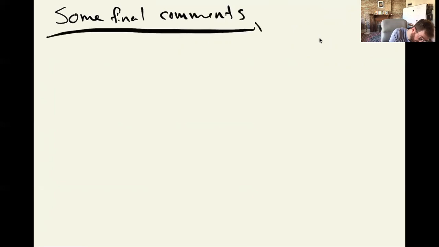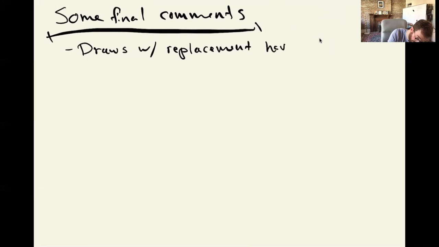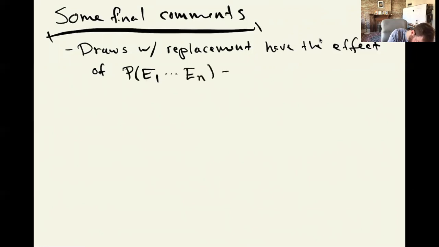Some final comments. Draws with replacement have the effect of turning a probability of a sequence of events, in other words, we can turn ands into products.